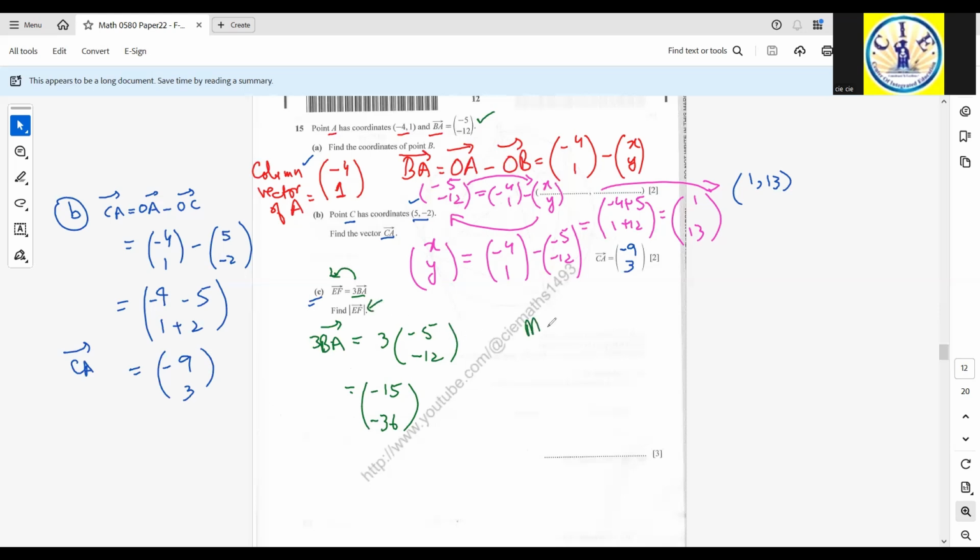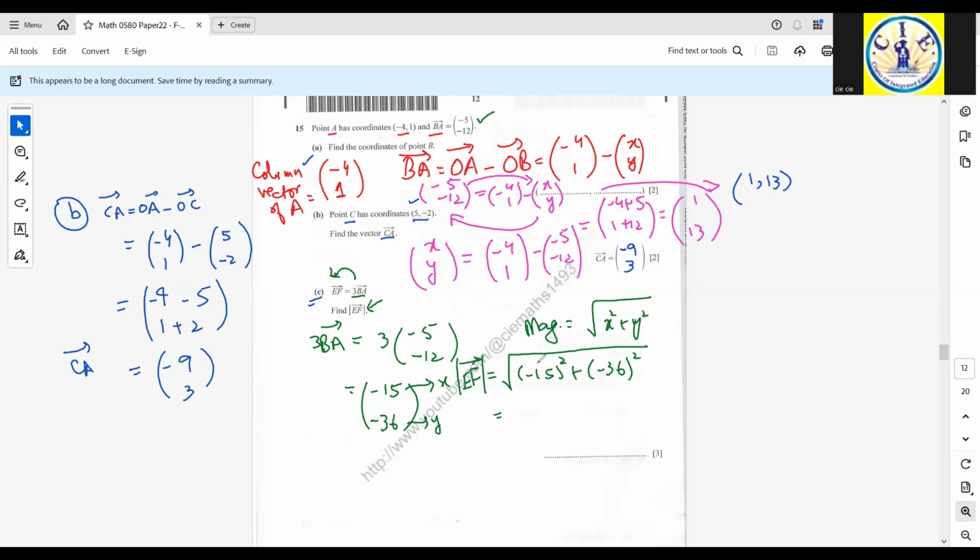For magnitude, we have got the formula square root of x squared plus y squared. So this is -15 squared, which is the value of x, and this is the value of y, plus -36 squared, all under the square root. That will give me the magnitude of the vector EF.